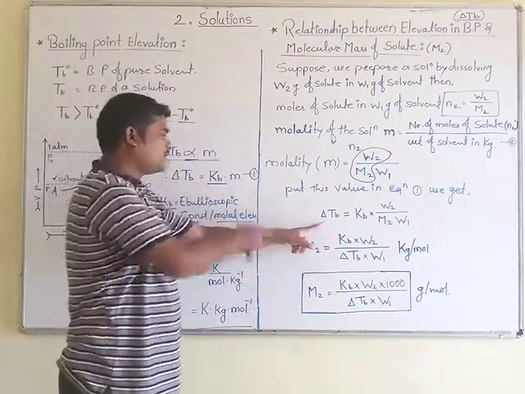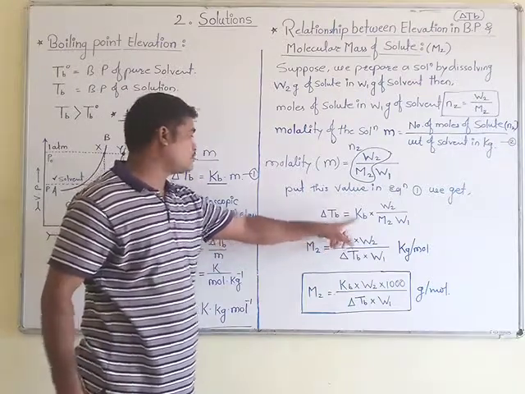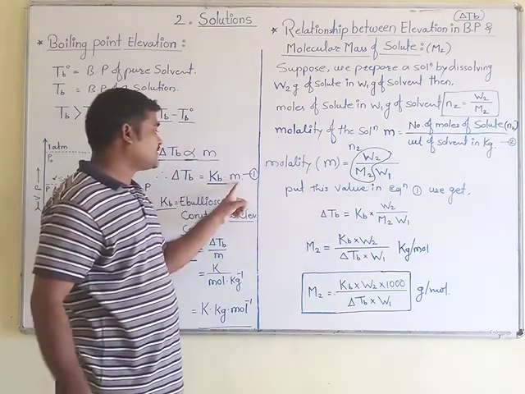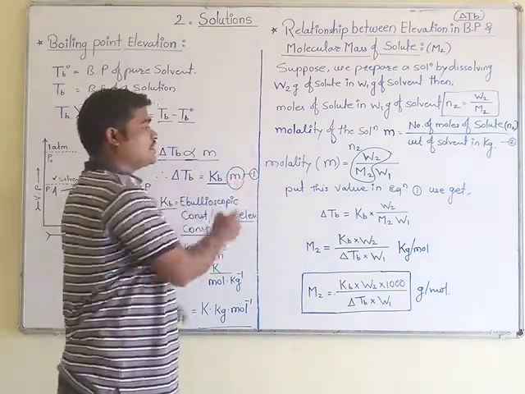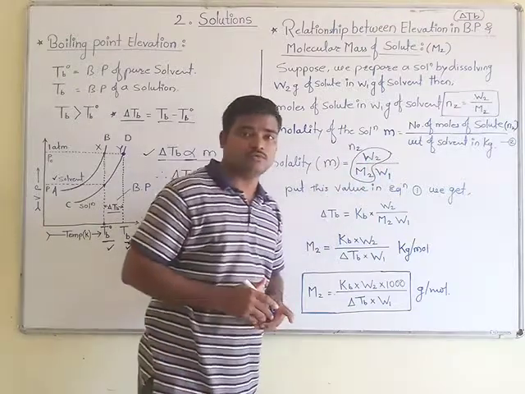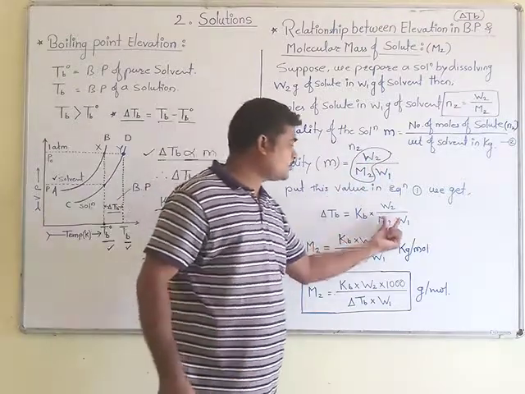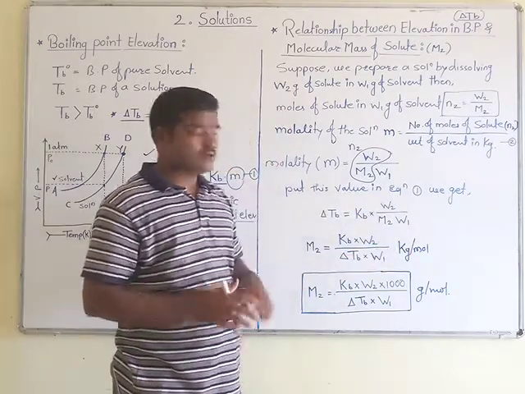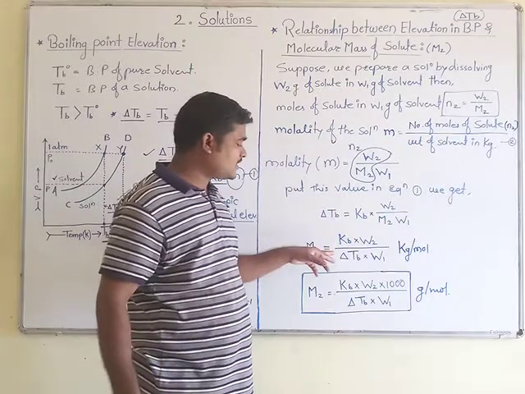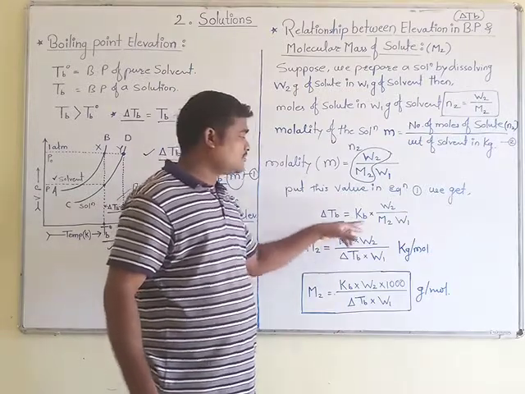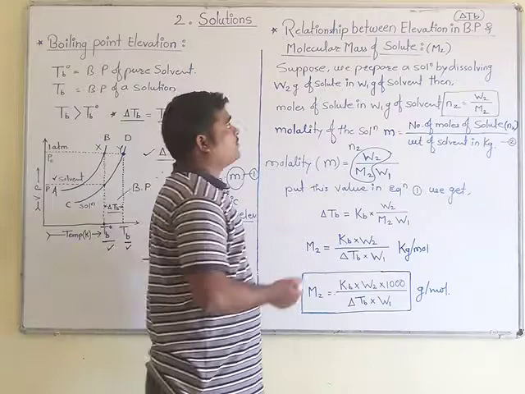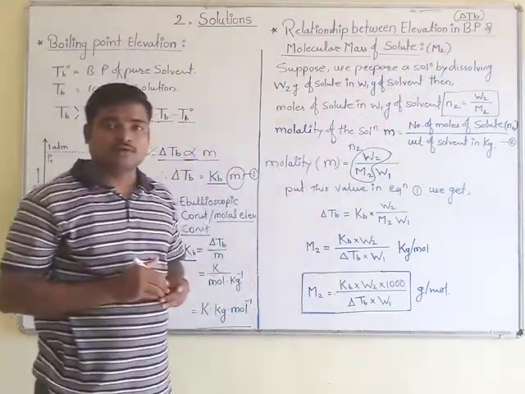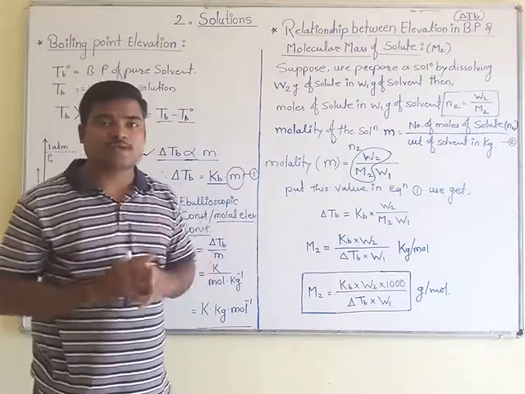Look here, delta Tb I have taken as it is, equal to Kb, also taken as it is, and in place of m we have substituted all this value. Then we get W2 divided by M2 into W1. By rearranging this equation you will get it in the form of M2, because our target is to show the relationship between delta Tb and M2, the elevation in boiling point and molar mass of solute.